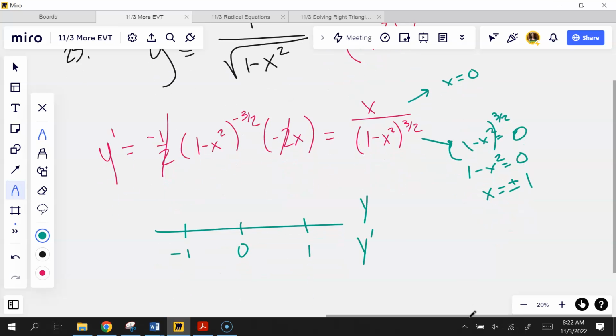What is it doing? Let's see, I'm squaring here. I'm doing 1 minus. All right, so if I'm negative, let's say -2, it is restricted. You're right, because I can't take the square root of a negative. 1 minus x squared, cubed, has got to be greater than or equal to 0.